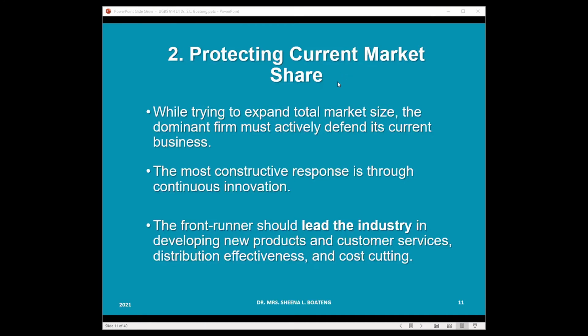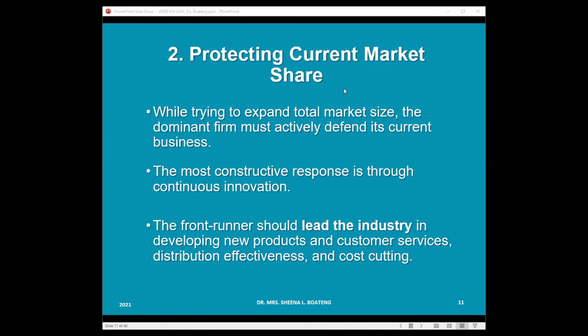And the most constructive response or the most constructive means by which they can protect their current market share is by continuously innovating. Because like we said in the beginning, the market leader being the front runner in the industry should always lead the pack when it comes to developing new products and distribution effectiveness and cutting costs, among others.